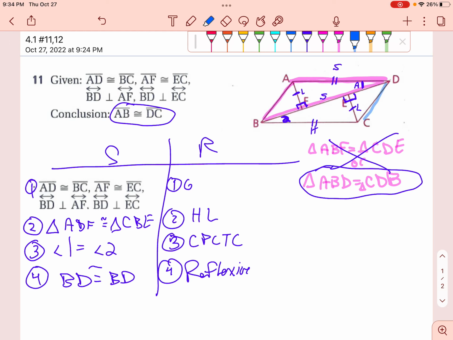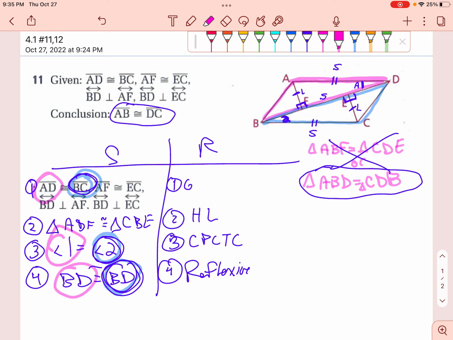And so that pink triangle, once again, I have this side, BC, which is right up here. I have angle 2 right there, and I have side BD of that blue triangle. So here's my blue triangle, this one, this one, this one, and here's my pink triangle, AD, angle 1, and BD.